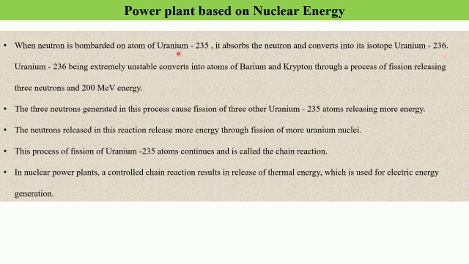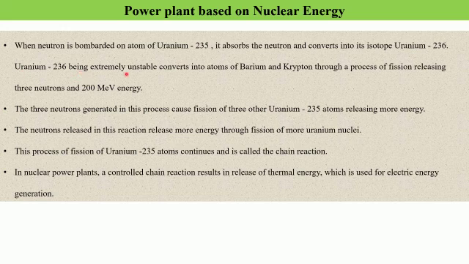So we have uranium-235. This is the atomic mass of uranium, and it is bombarded with a neutron. This neutron enters into the nucleus of uranium-235 and it gets converted into an isotope of uranium, that is uranium-236.